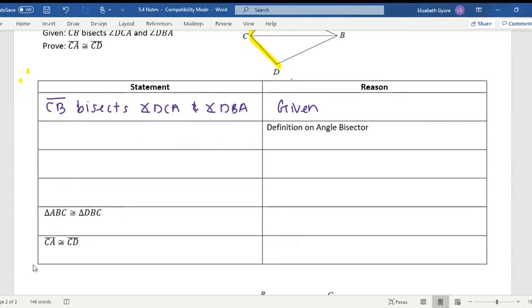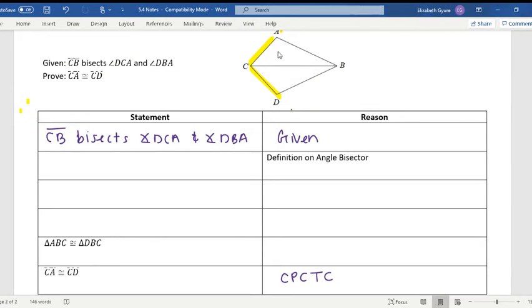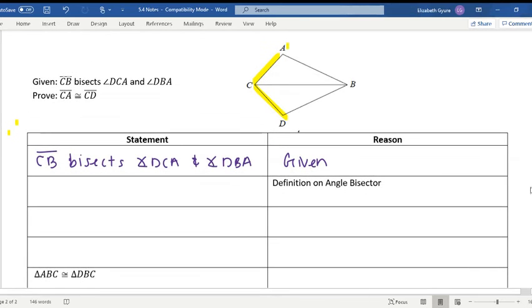Like here, I went ahead and put in your proof. So that's CPCTC. And then in order to do CPCTC right above it, we have to show the triangle ABC is congruent to DBC. Because to use CPCTC, you must have congruent triangles. So let's see how we're going to prove those triangles are congruent.